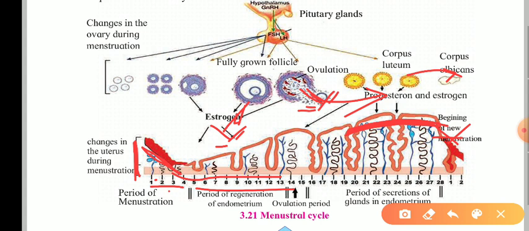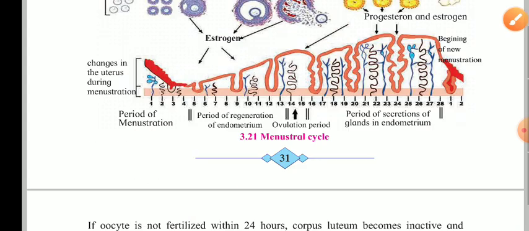If it is fertilized, then it will get attached to the wall of the uterus. Otherwise, it will get ruptured and the menstrual flow will start. And after this, again, the cycle will continue. Means this cycle will go on continuously.